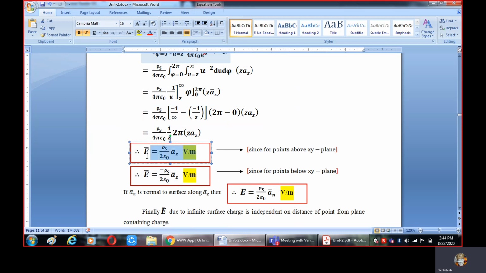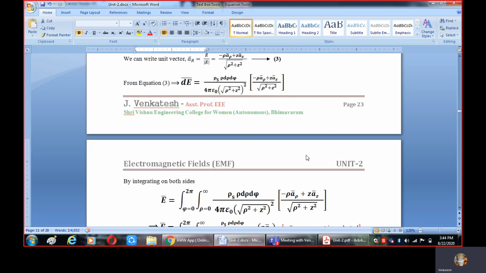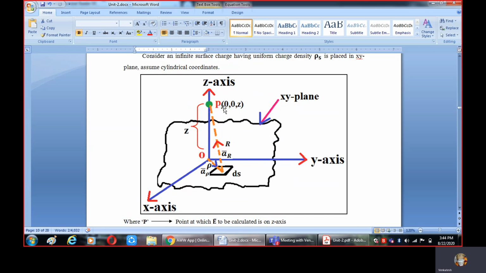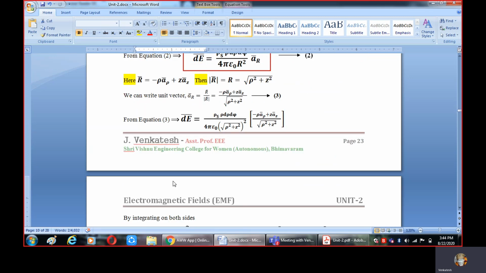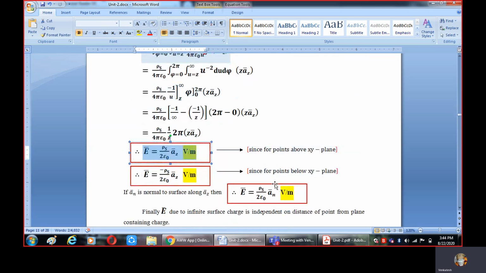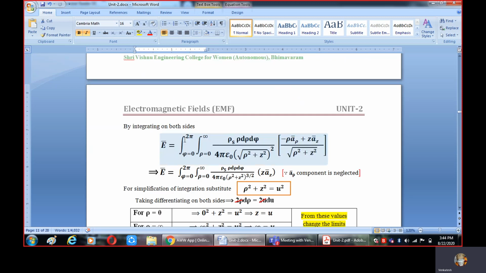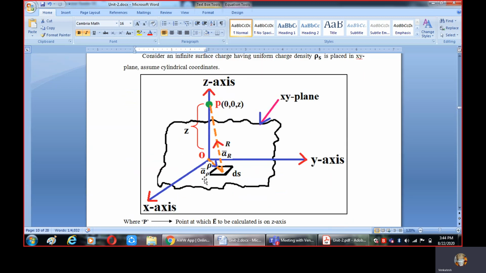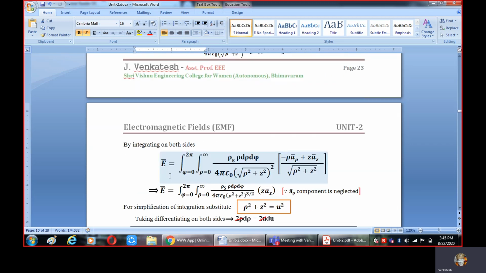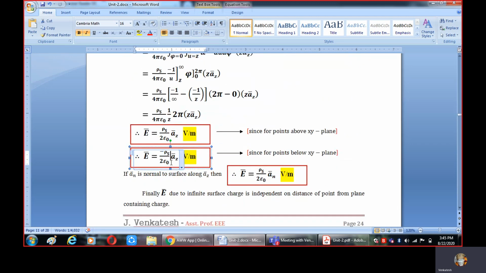The E bar value is positive when we consider points above the xy plane. Here the point P is above the xy plane, so the E bar equation becomes positive. If we consider the point P below the xy plane, the sign changes to minus, so E bar becomes minus rho s by 2 epsilon naught a z bar.